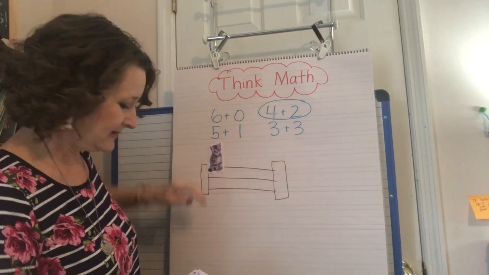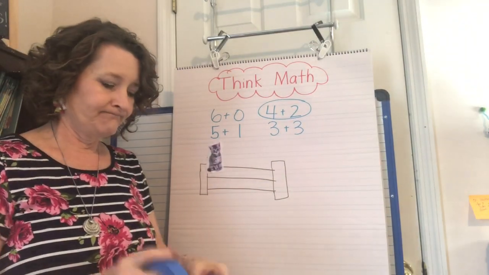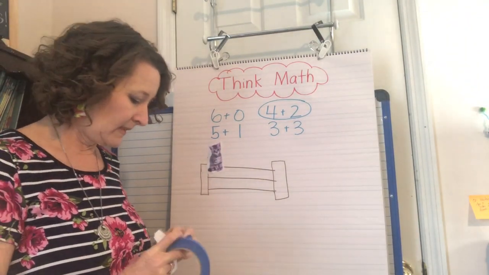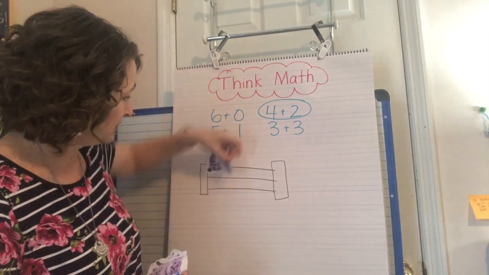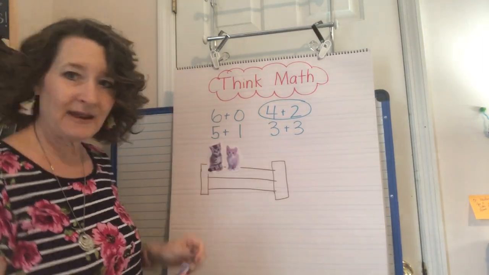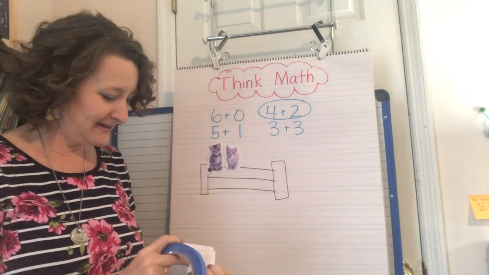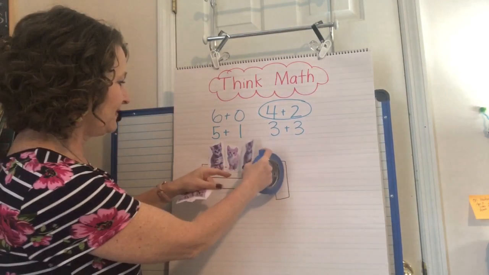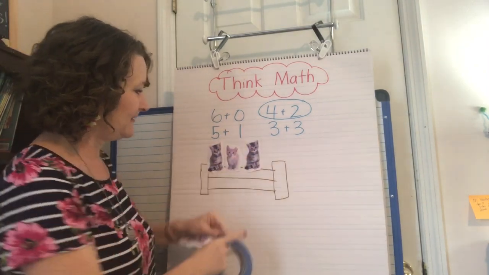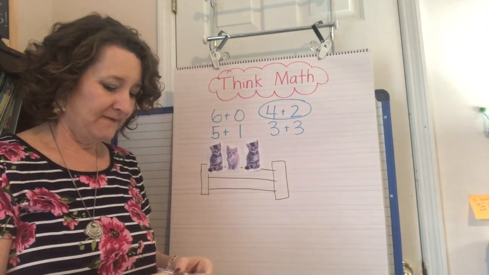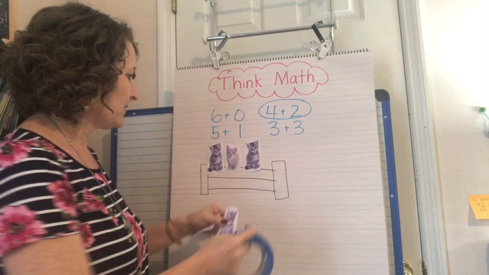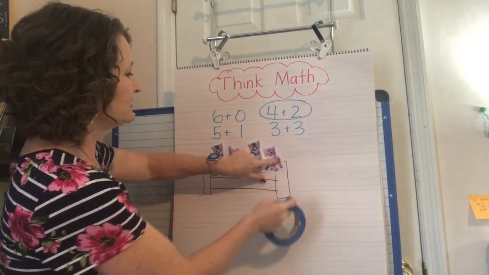1, 2. You like my little cats that I'm putting up there? 1, 2, 3, 4. There were 4 cats sitting on the fence, okay?